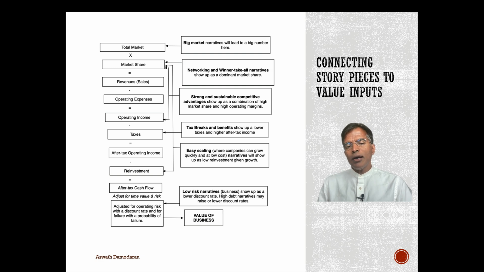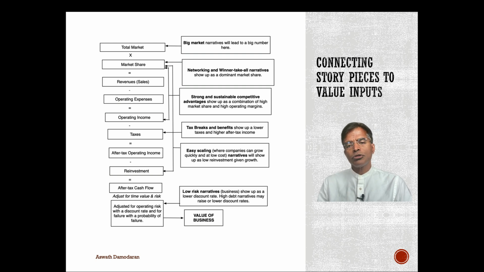Now, when you think about that lead-in, I want to argue that when you tell me a story about a company, how big or how small is up to you. My job is to figure out the valuation input that is affected by this story. And that's where having a parsimonious approach to valuation helps you. Because when you have a parsimonious approach, I know where it shows up in my valuation.